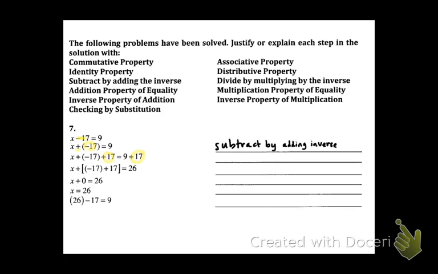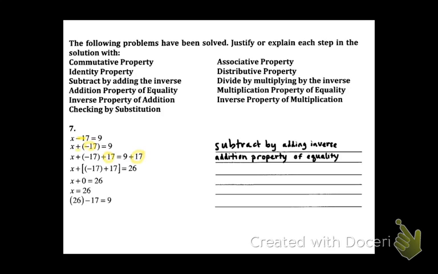So it's the addition property of equality. The important thing here is that we're doing this to both sides.